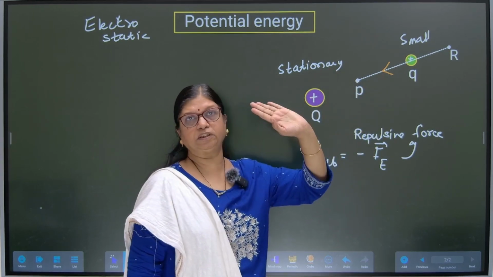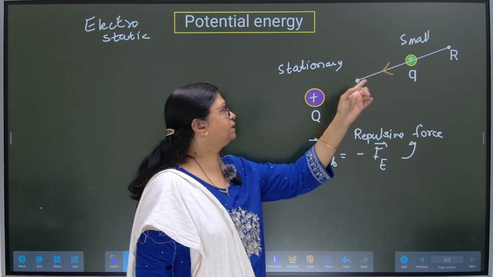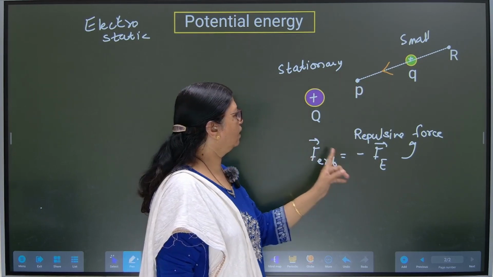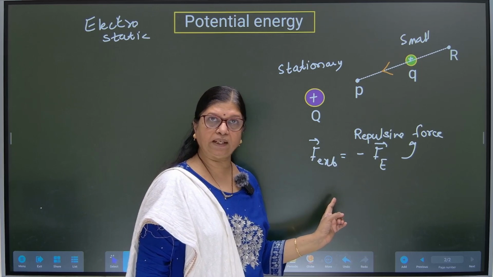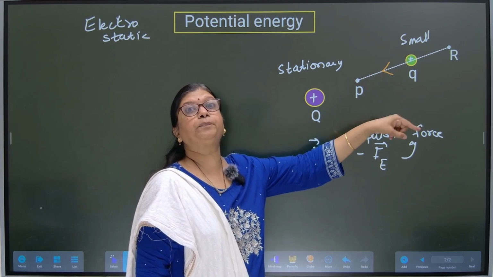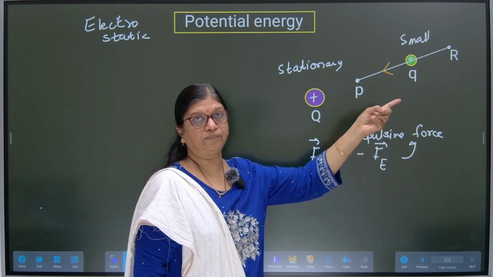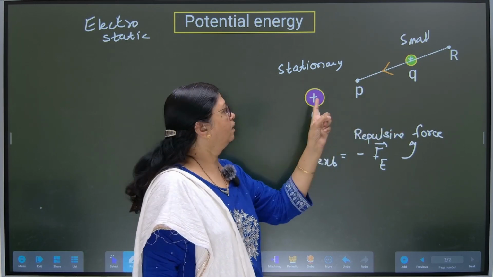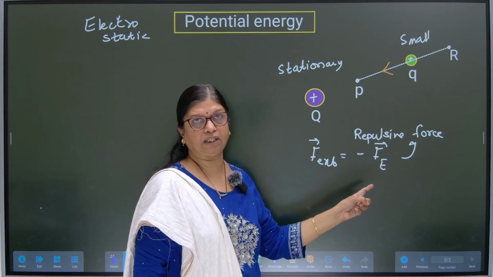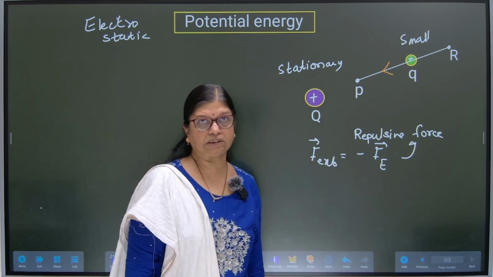The charge q must be small such that this charge Q remains stationary, and the external force which I am applying on this charge is opposite and equal to the electric force of repulsion between these two charges.